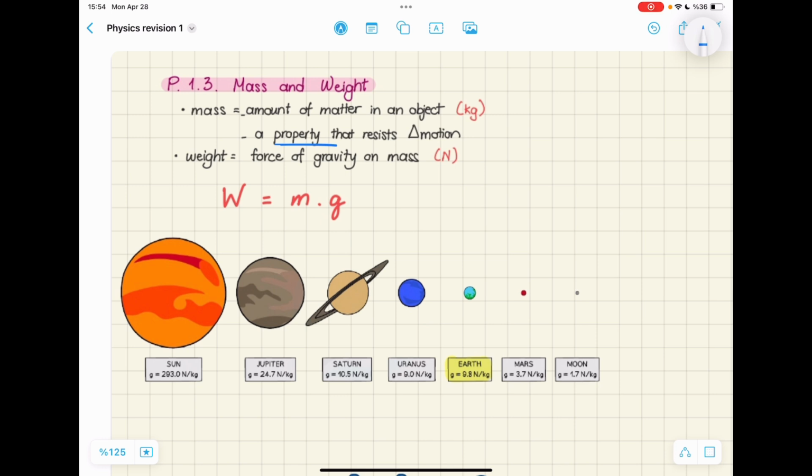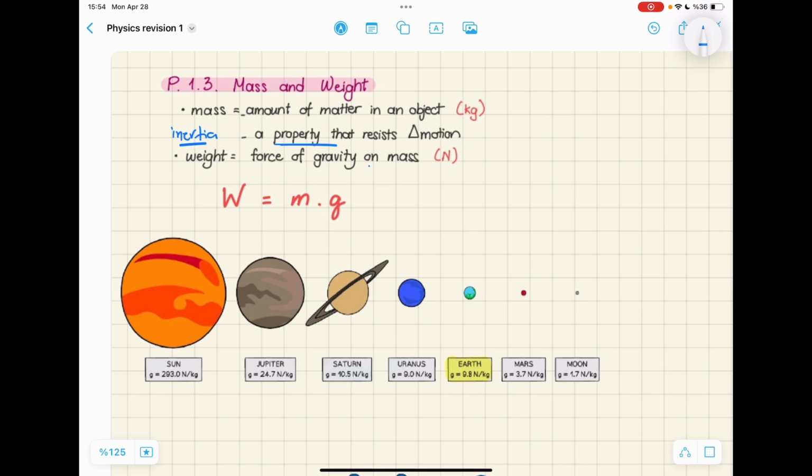A property that resists motion is inertia, not mass. Inertia and mass are very much related to one another, but not the same thing. But in this context of coordinated physics, it is not a relevant thing.